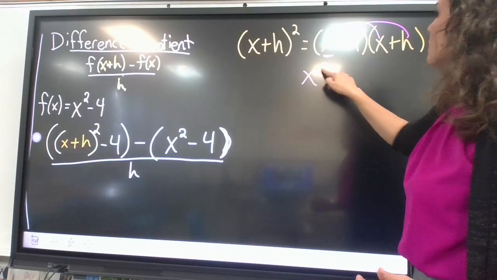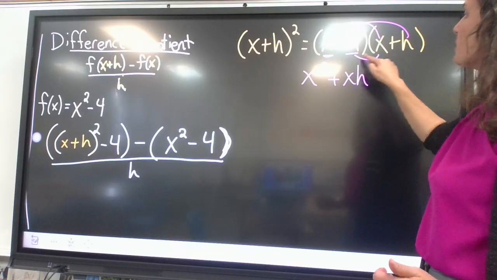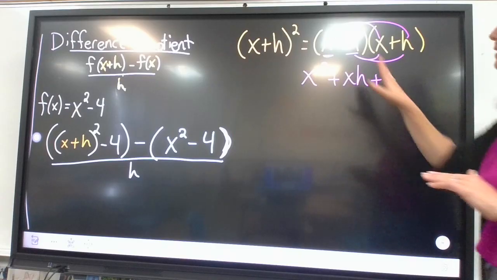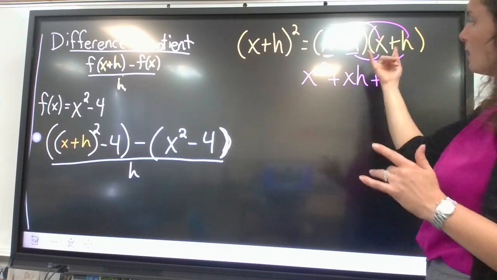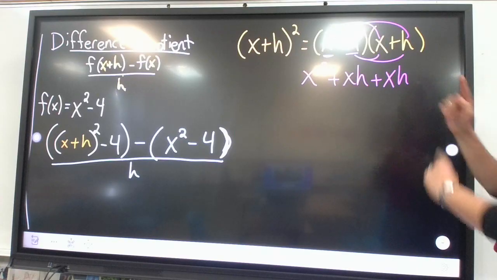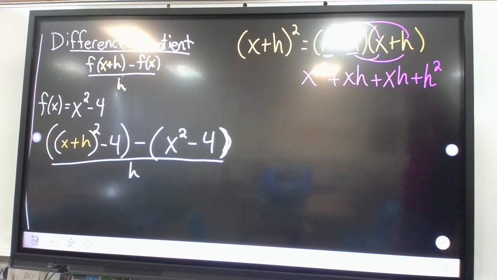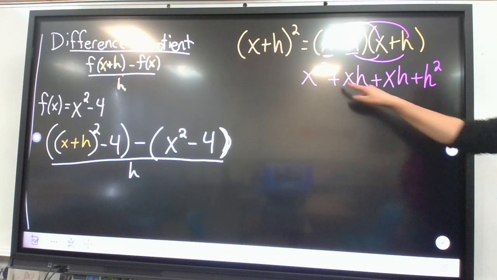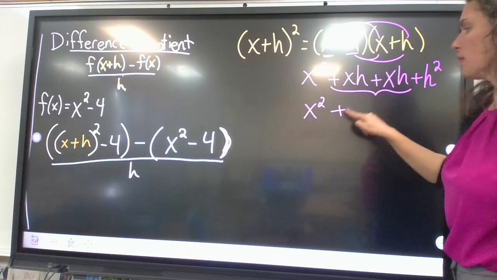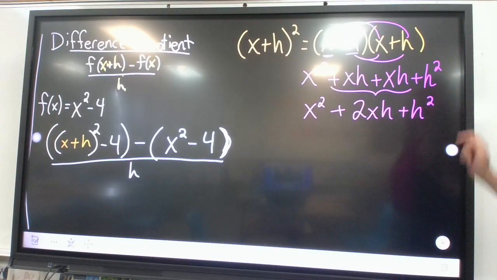We're going to end up with x squared plus x times h. Then we take this h times both things, plus, and you can switch things whenever you're multiplying. So h times x is the same as x times h. They can be flip-flopped. h times h is h squared. Once you're here, you can see that these two will combine together. So our final answer is x squared plus 2xh plus h squared.